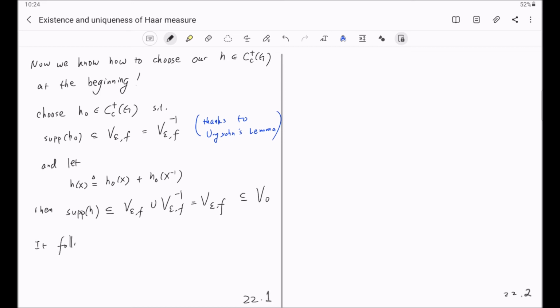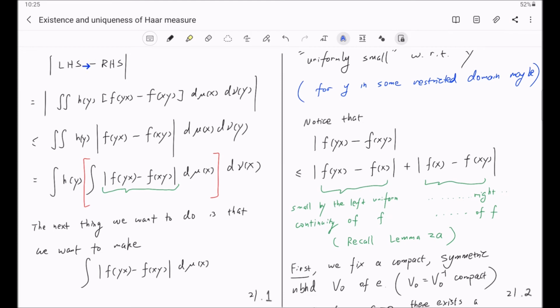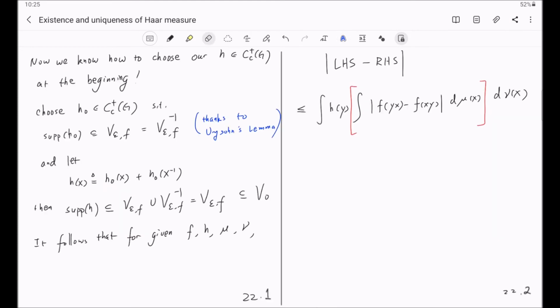It follows that for given f, h, mu, and nu, for the given four things, if you look at the difference between the left hand side and the right hand side, remember this is less than or equal to this guy. Now we're going to show that this thing could be arbitrarily small.